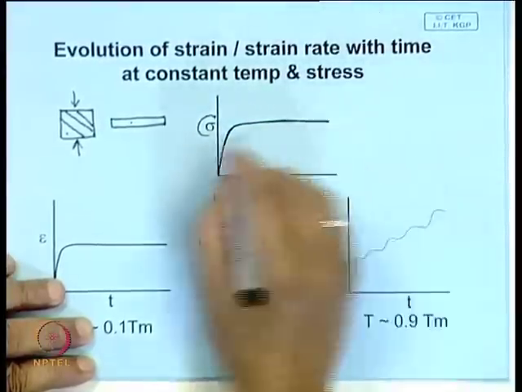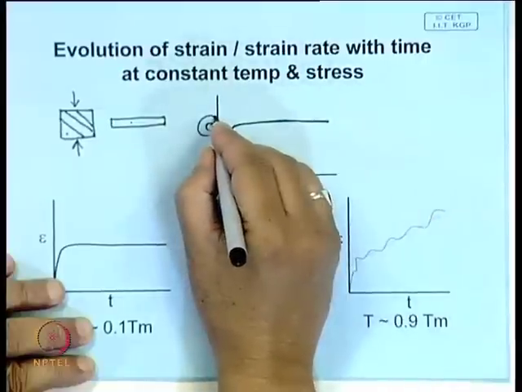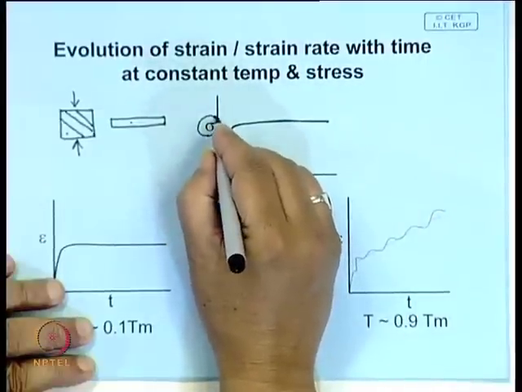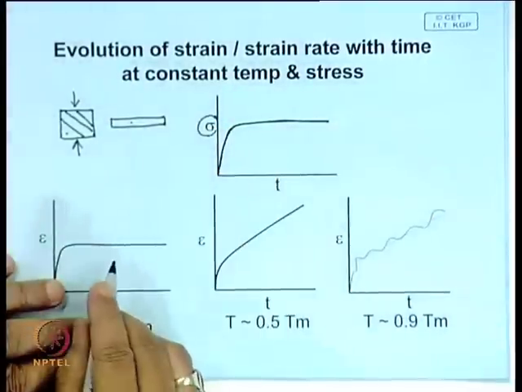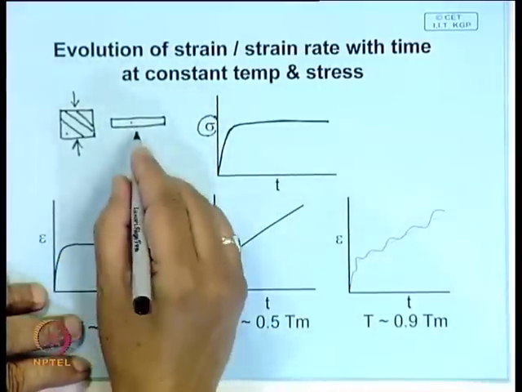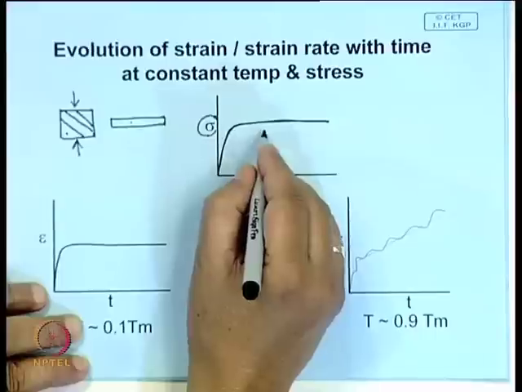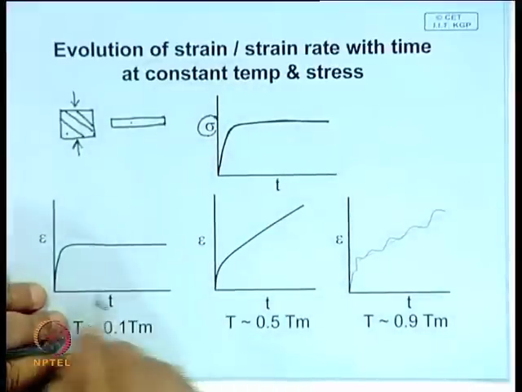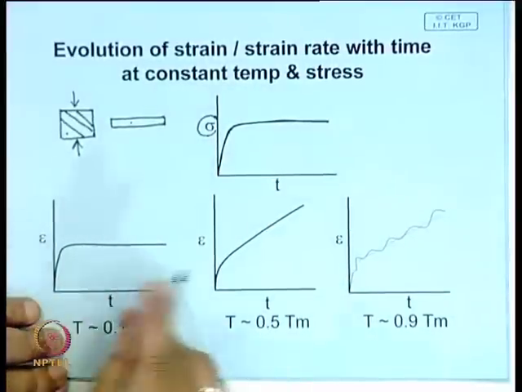If we are applying the stress like this to a material, let us see what the strain response to this application of stress is, and how it evolves with time. This will clearly depend on temperature.